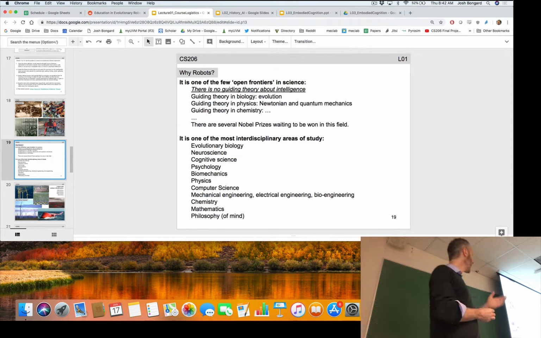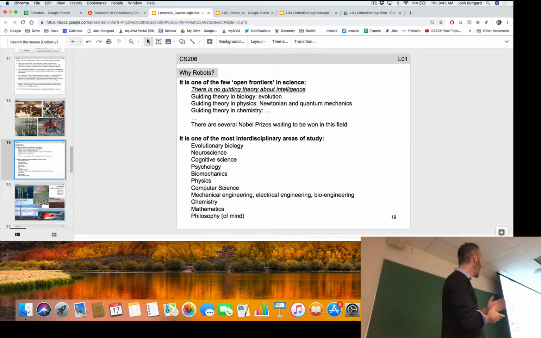If you look at a lot of the different branches of science, we have a lot of the big pieces in place. In the case of biology, if you want to understand anything in biology, there is an underlying principle that will at least get you started on the path to understanding that phenomenon, and that's Darwinian selection or evolution.